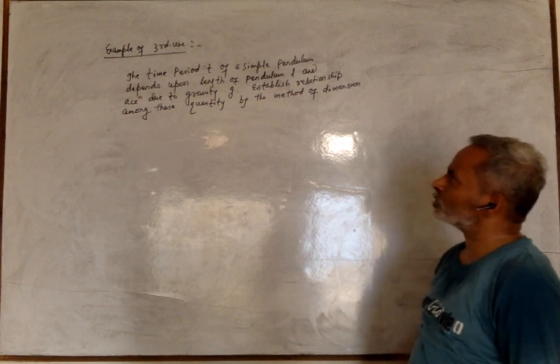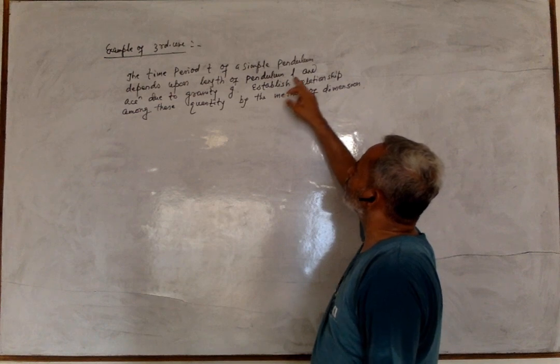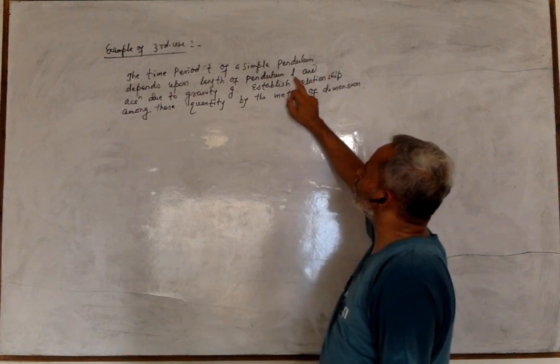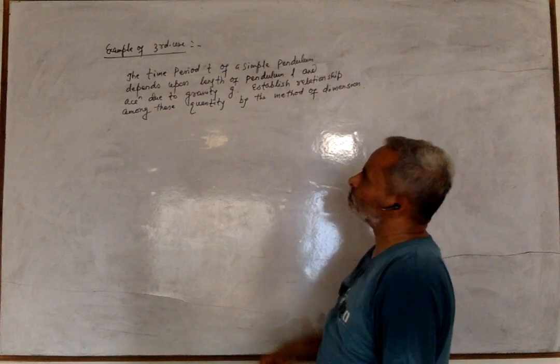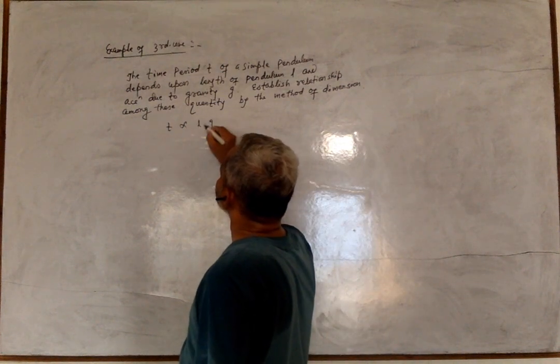In such type of question, one value T depends upon two or more values. In this question, T depends upon L and g.